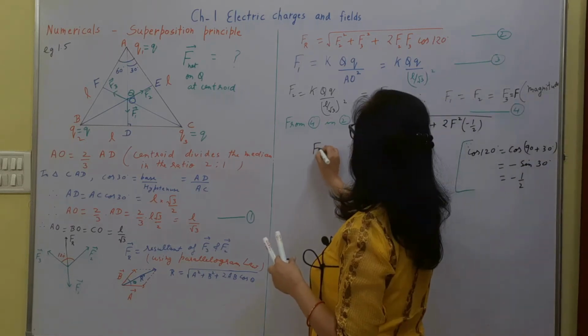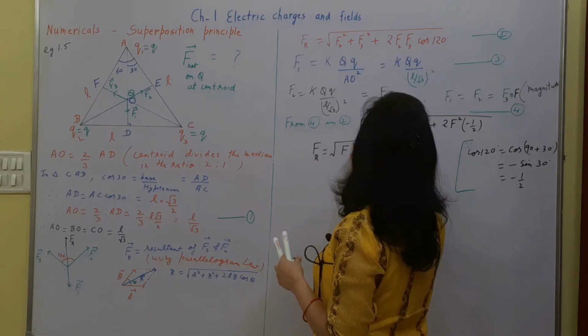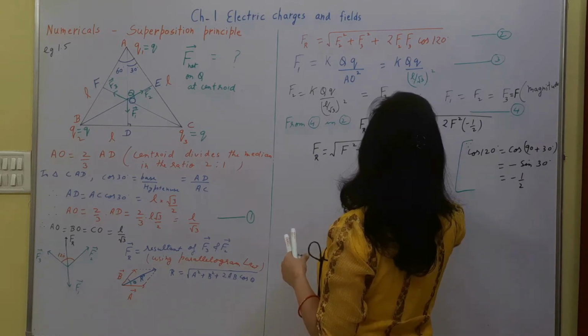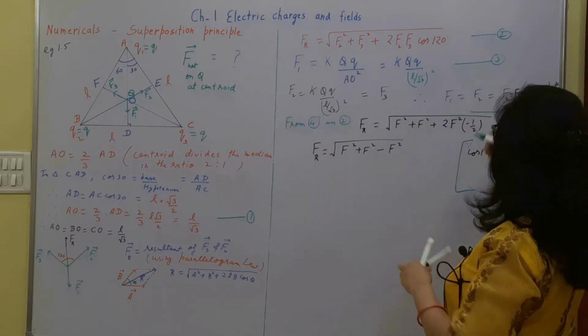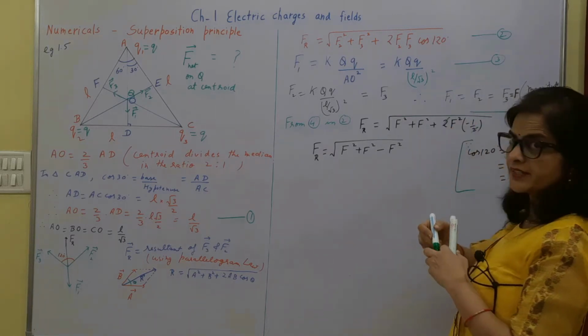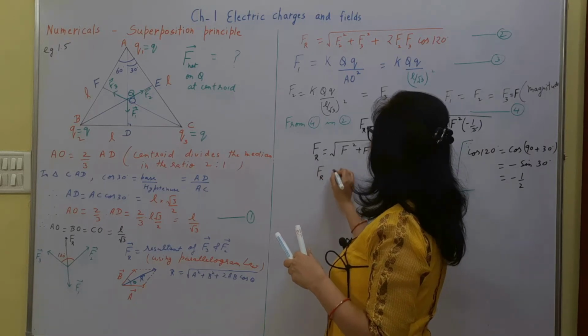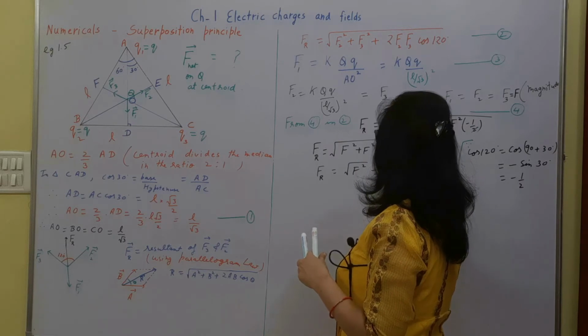So this force resultant will be F square plus F square minus F square. Why so? Because this 2 and 2 will be cancelled. What will I get? F r is equal to under root of F square, which is F, right?